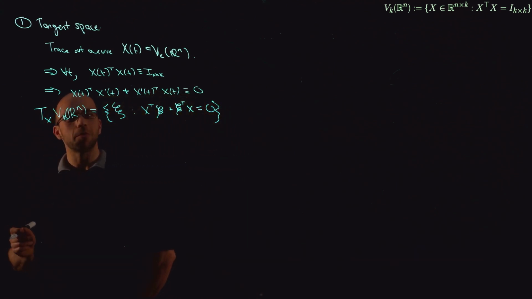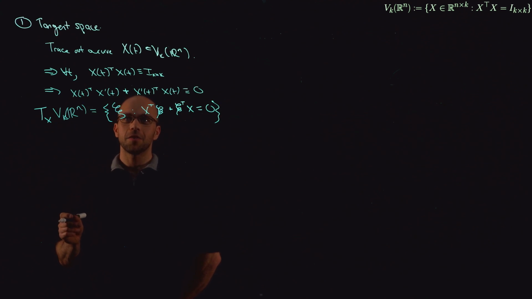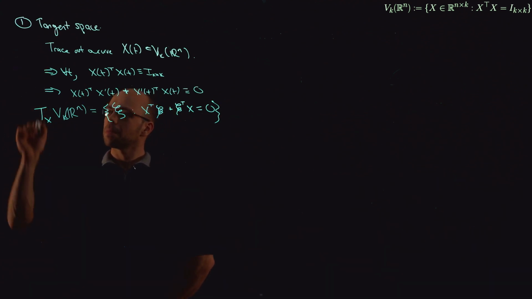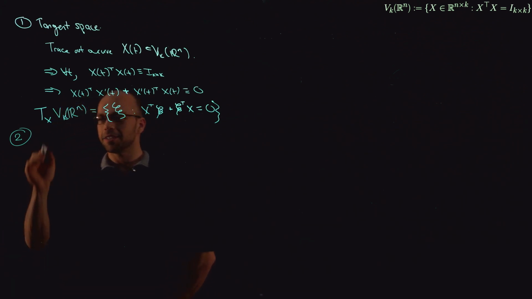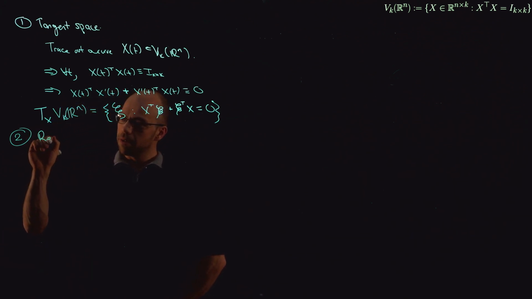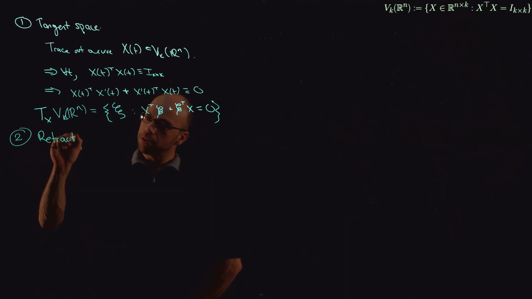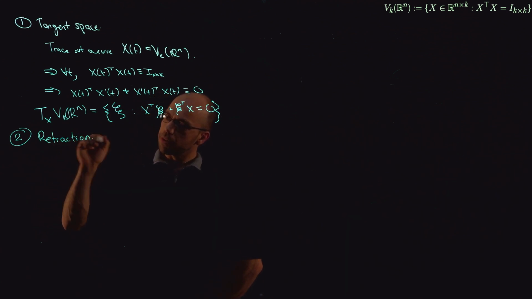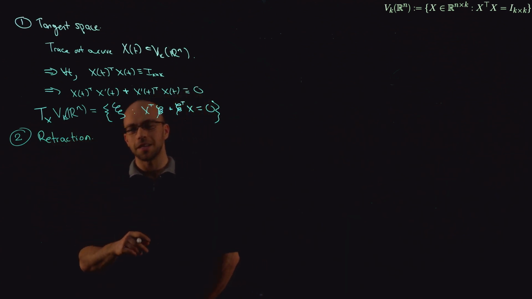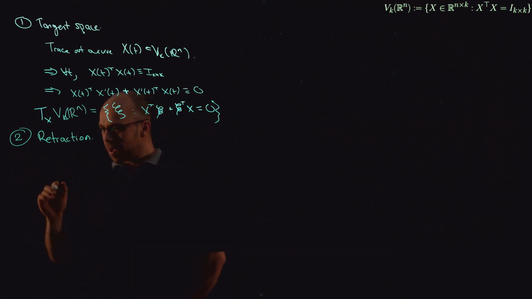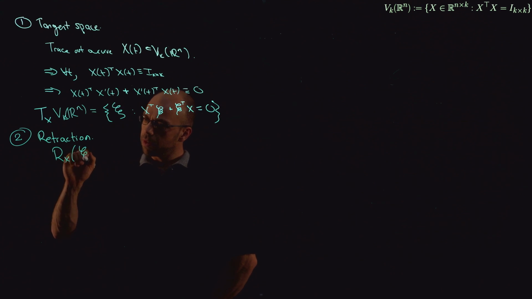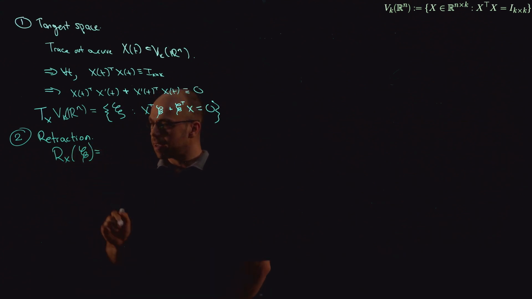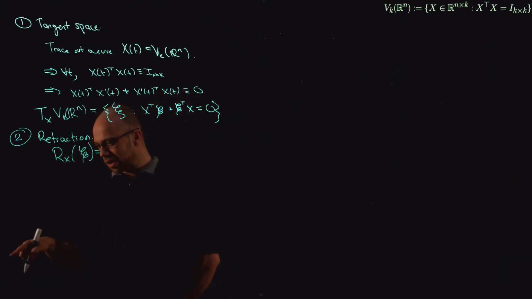Now, the next thing that we can do is define a retraction here. And one thing you can do is just guess one and then check that it actually satisfies the properties that you need. So in order to define a manifold optimization technique, you need some retraction formula. And here's one. I'm just going to give it to you, and we're going to check and double check that this thing is actually a retraction.